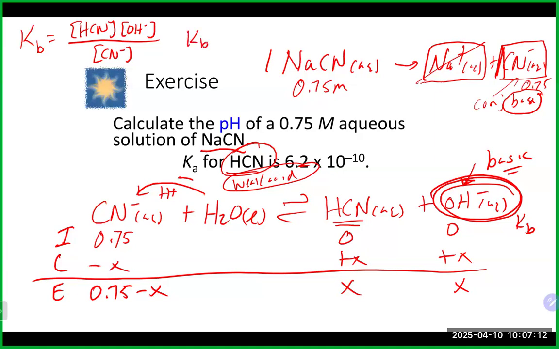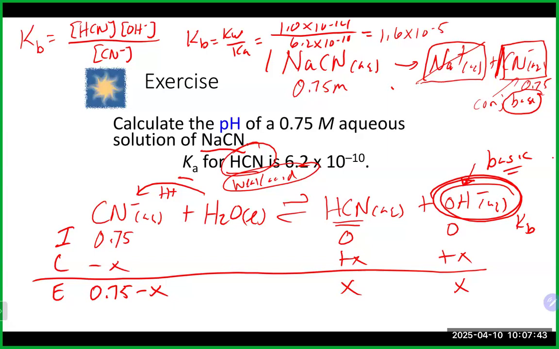So our Kb would be our Kw divided by the Ka value. So that's going to be 1 times 10 to the minus 14 divided by 6.2 times 10 to the minus 10. And that's going to get us 1.6 times 10 to the minus 5.